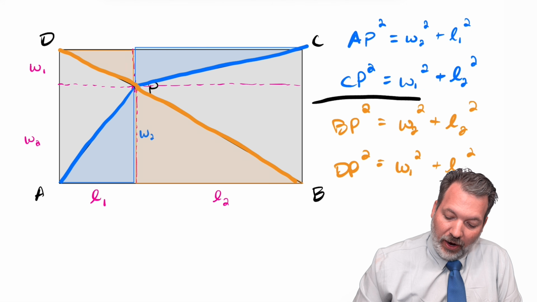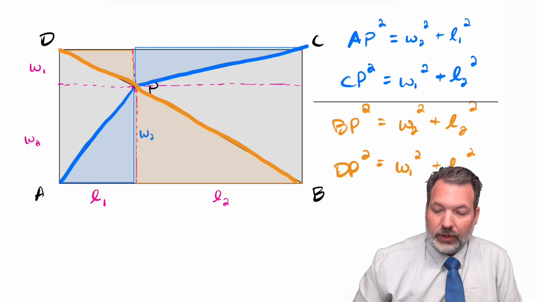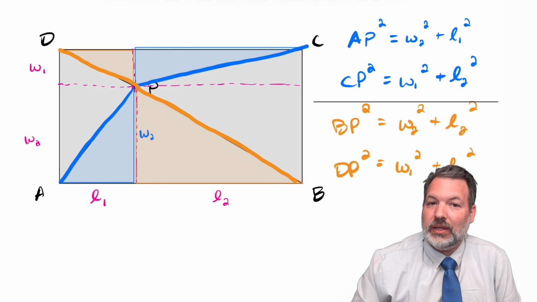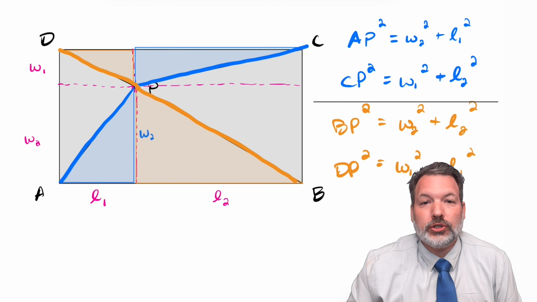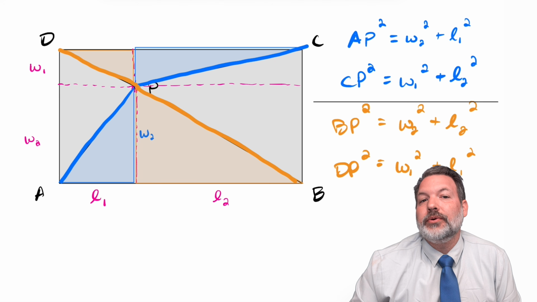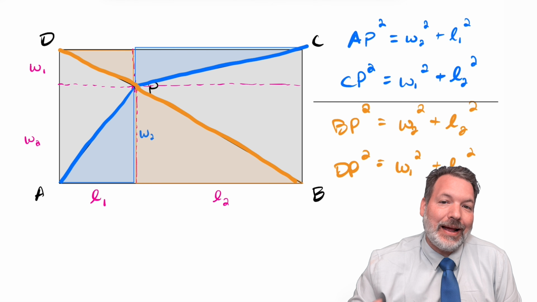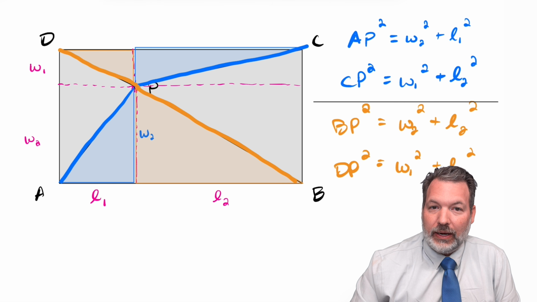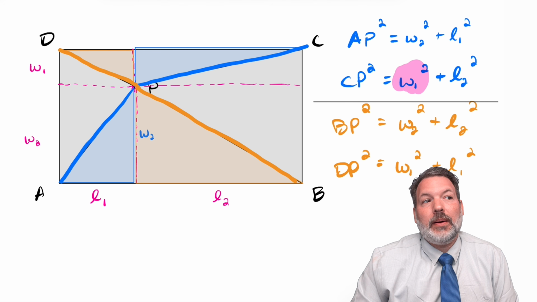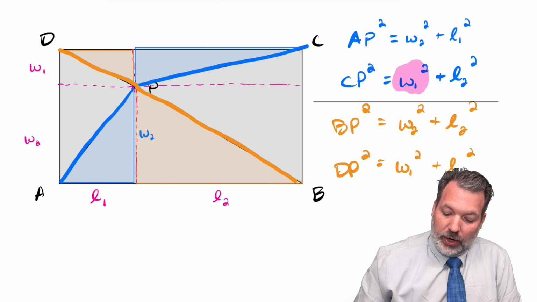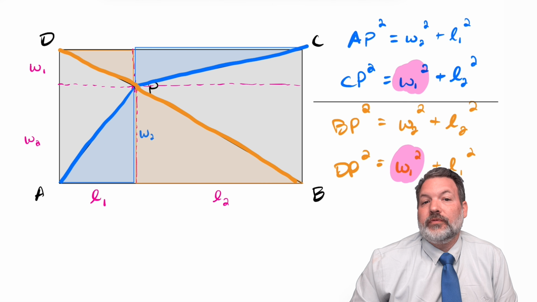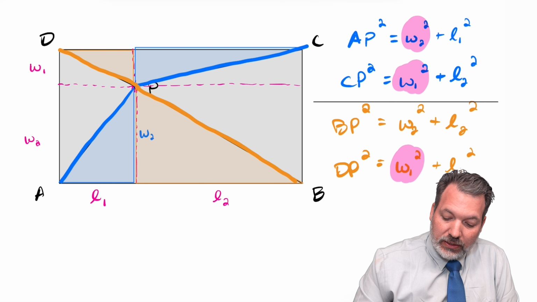If we compare across these four different quantities, though, we'll notice something interesting. Each one of those partial lengths, W1, W2, L1, and L2, all have their squares represented exactly once on either side of this line. I've got W1 squared on the top as part of the sum for CP squared, whereas on bottom it's part of the sum for DP squared. And so on and so on.